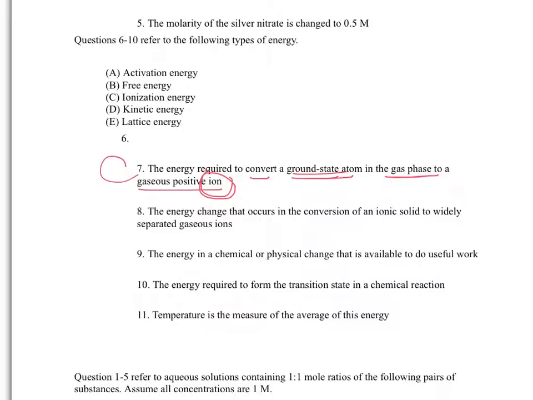The energy change that occurs in the conversion of an ionic solid to widely separated gaseous ions. This is one y'all really don't talk about a whole lot. There's another name for an ionic solid and how it's formed in the structure.